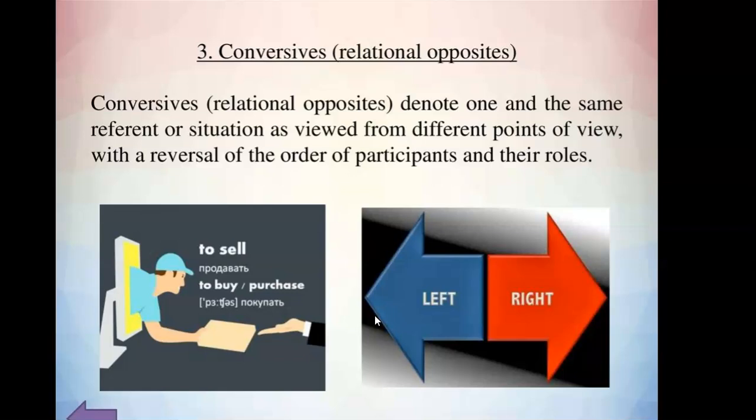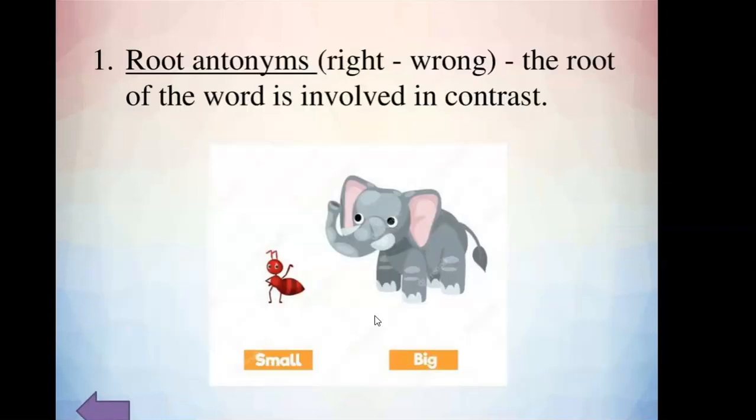Conversive relation opposites. Conversive relation opposites denote one and the same referent or situation as viewed from different points of view, with the reversal of the order of all participants and their roles: to sell, to buy, to purchase, left and right, for example.